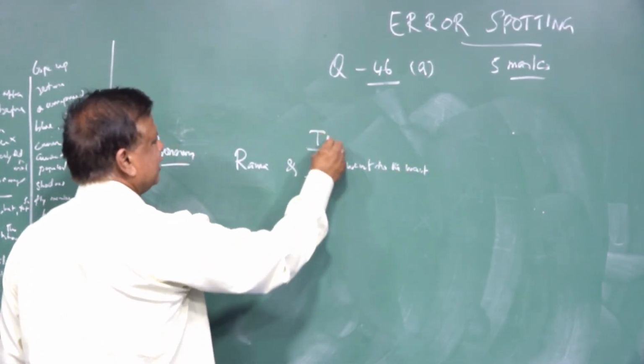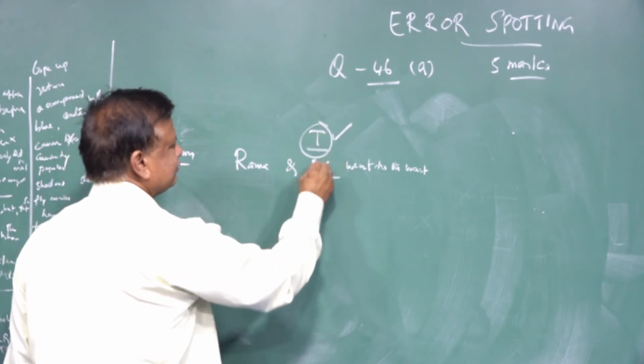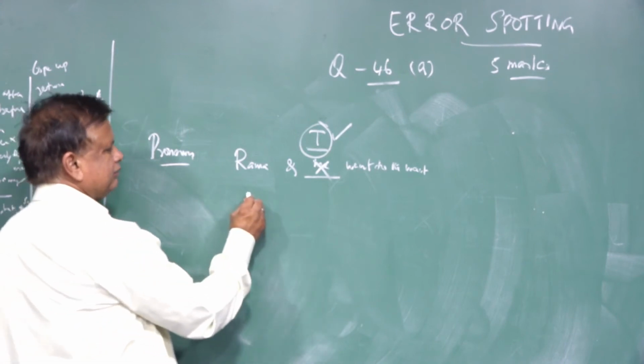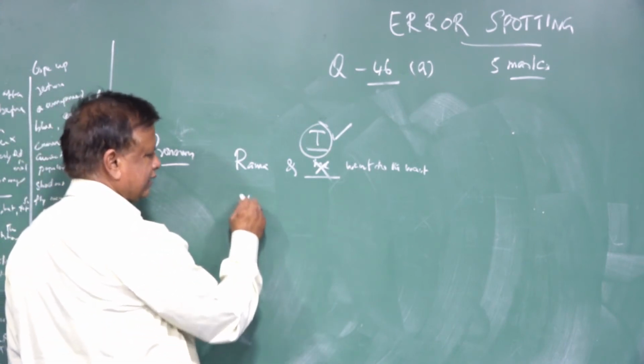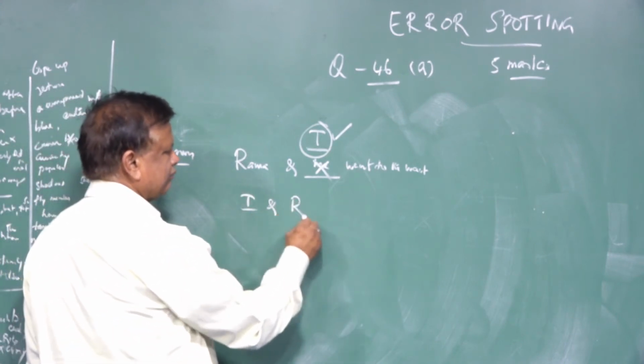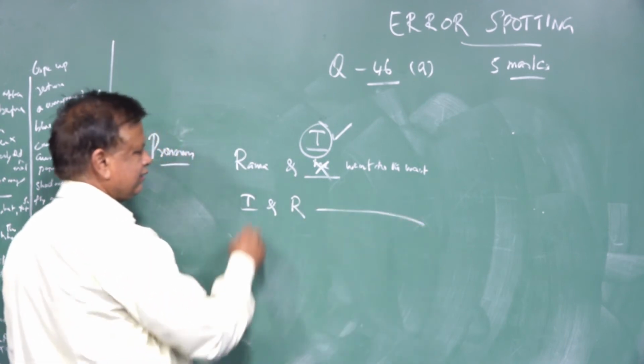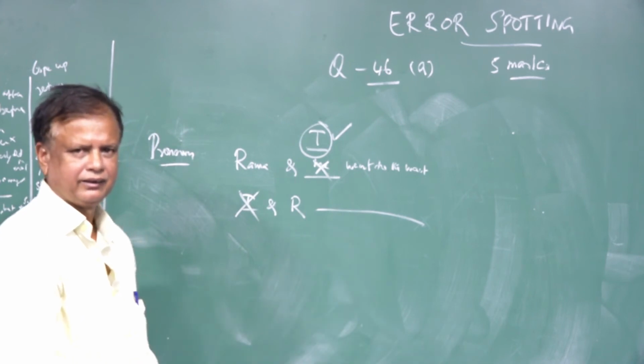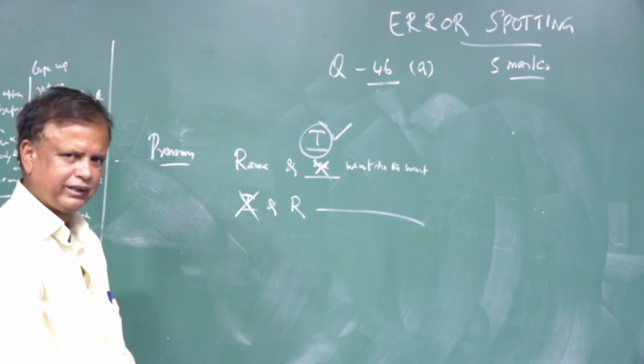This is Rama and it should be subjective. Rama and I went to the market. Similarly, I cannot say I and Rama went to the market. I cannot use this I first. I will use it at the end. Rama and I went to the market.